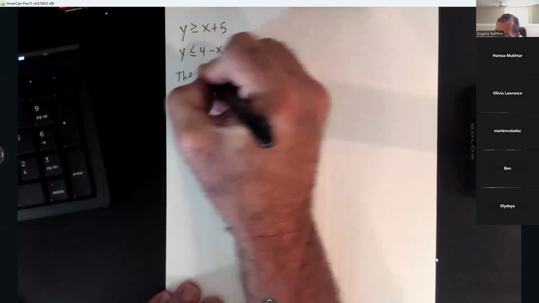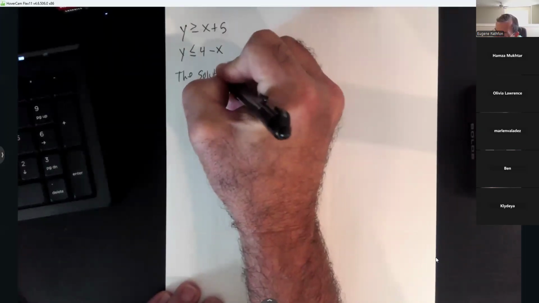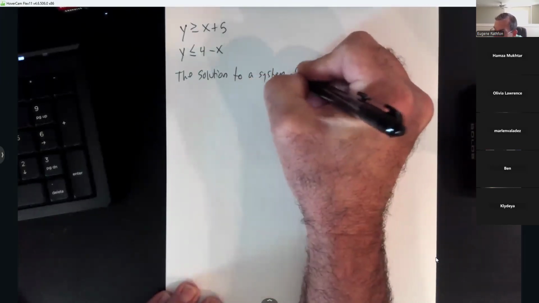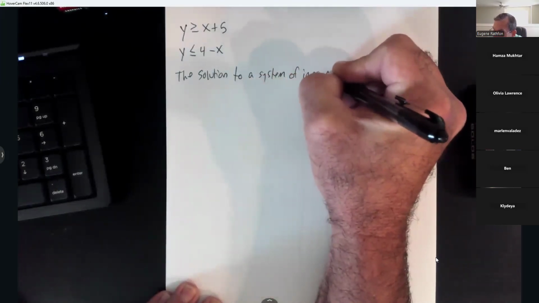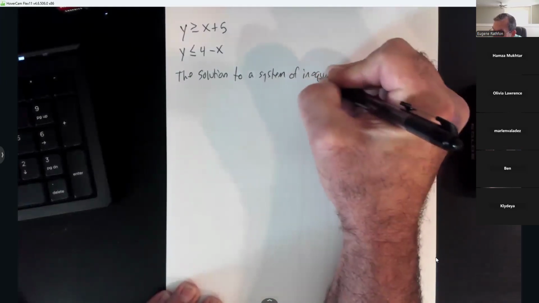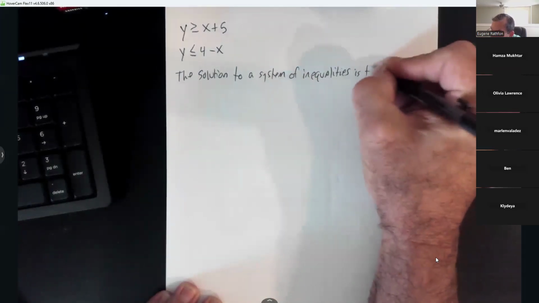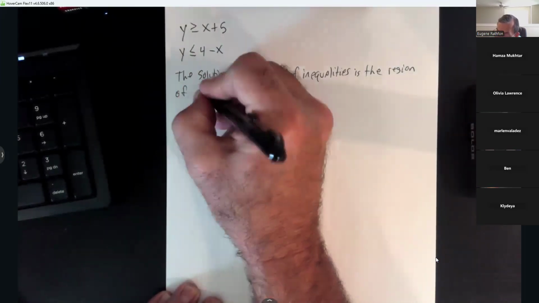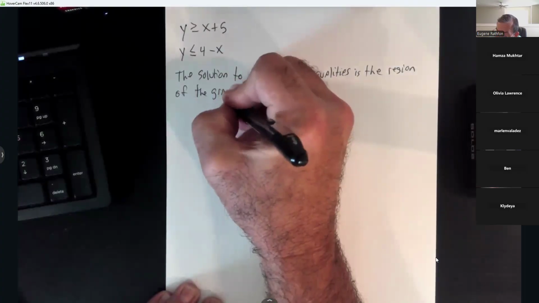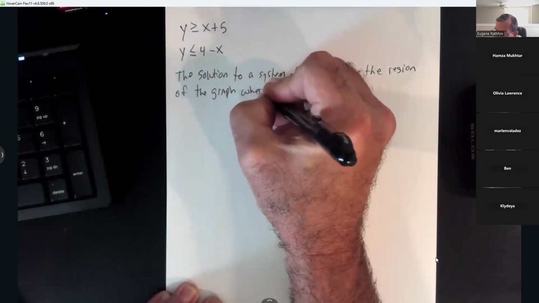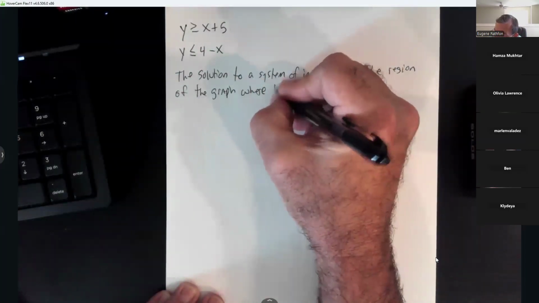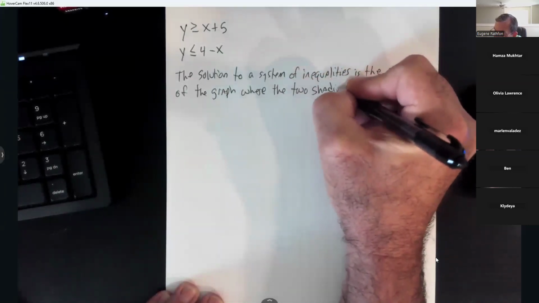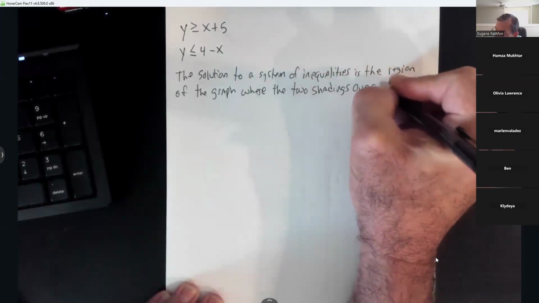So the solution to a system of inequalities is the region of the graph where the two shadings overlap.